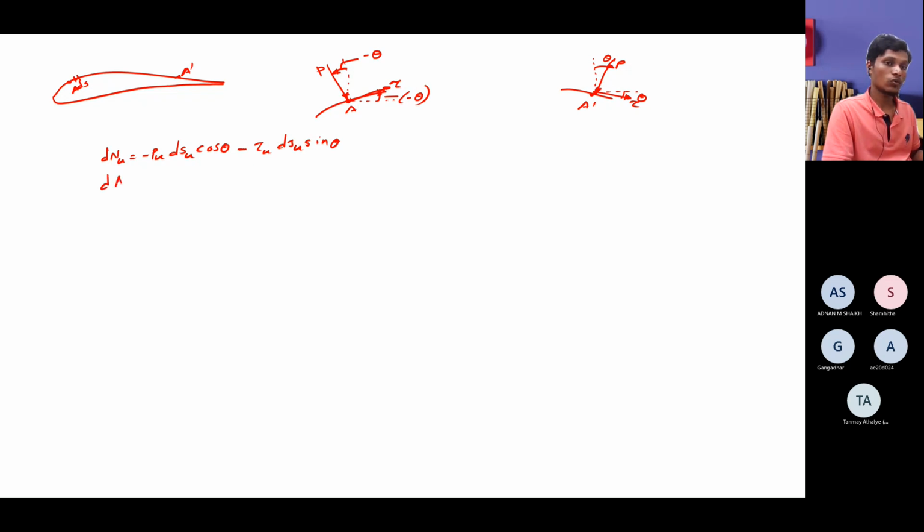And dA_u equals minus p_u ds_u sin theta plus tau_u ds_u cos theta. So this is how you need to find your elemental normal force and elemental axial force.